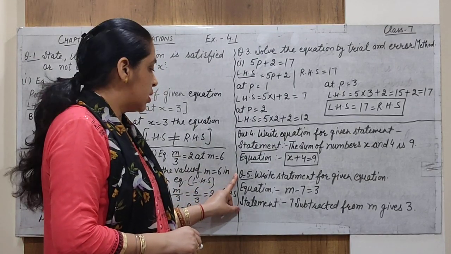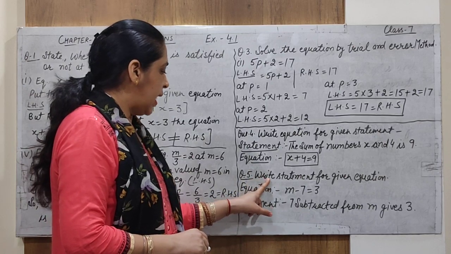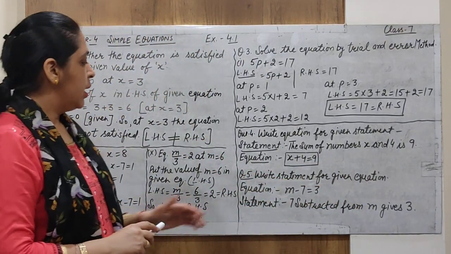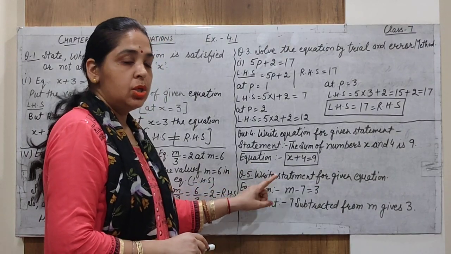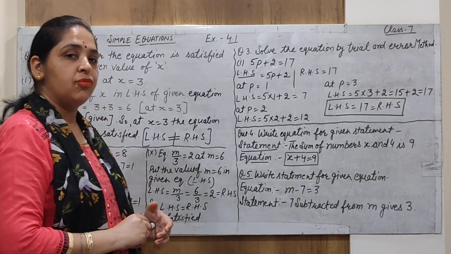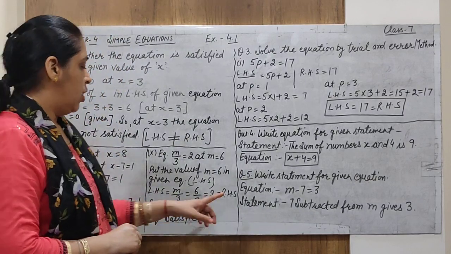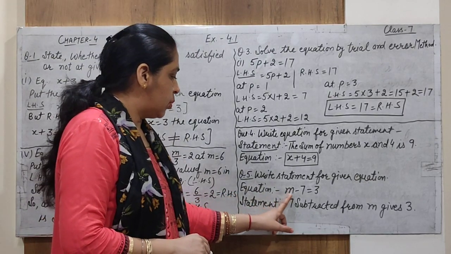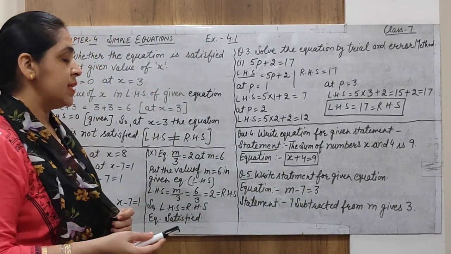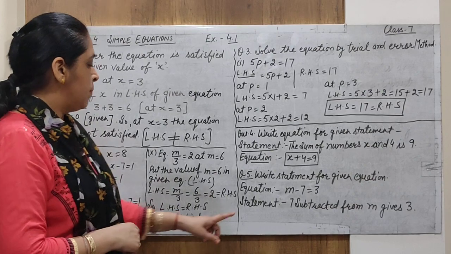Next question is question number 5. Write a statement for the given equation. Now here the equation is given. You have to write down the statement on the basis of the given equation. For example, if the equation is m minus 7 is equal to 3, how can we state this equation?